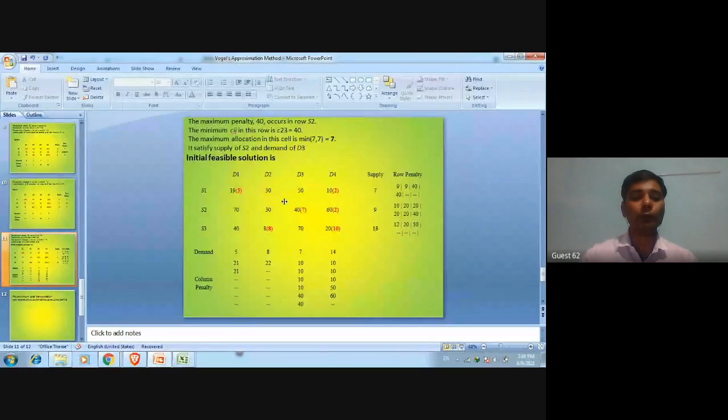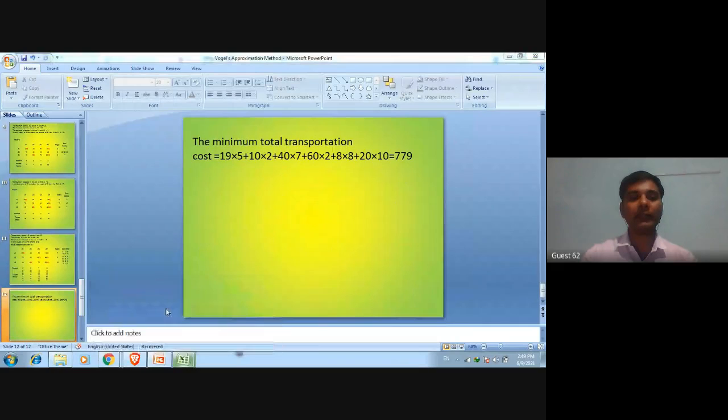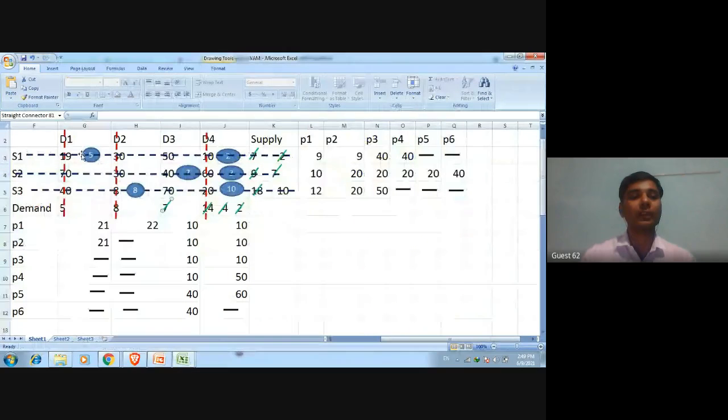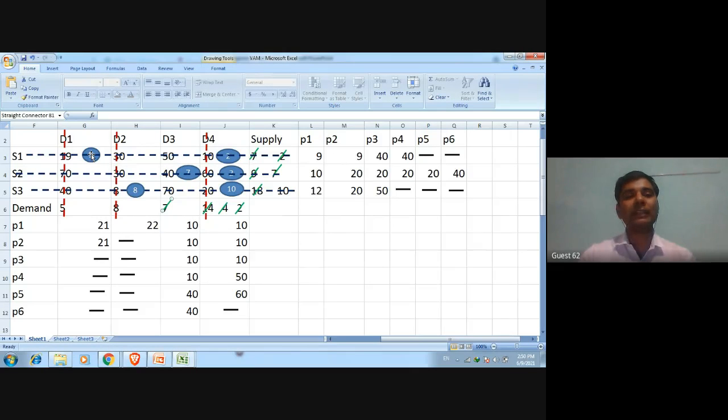Now, what we have to do is find the initial feasible solution cost: these are the per unit transportation costs, and the quantity given in the circle is the units shipped from the plants. So we will multiply the per unit transportation cost by the quantity supplied.